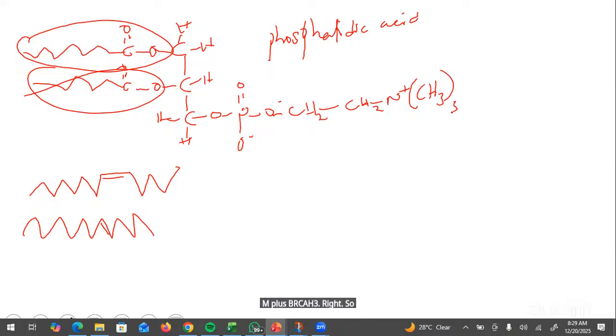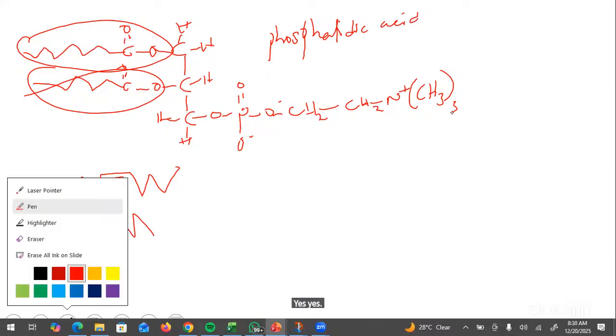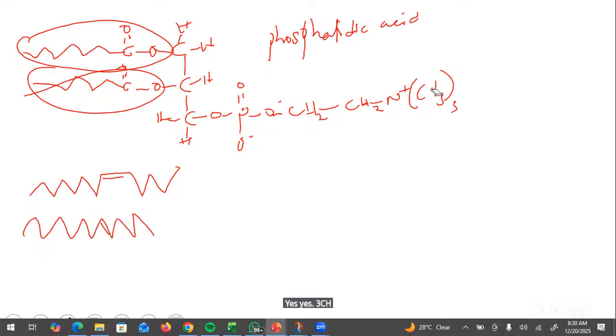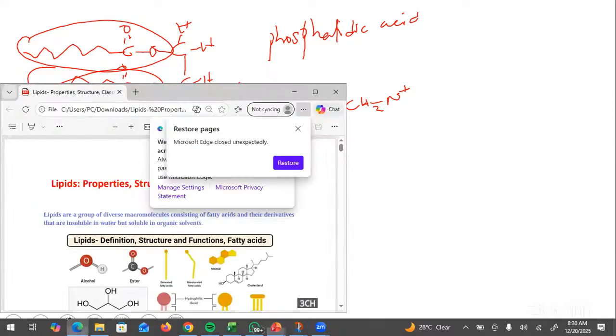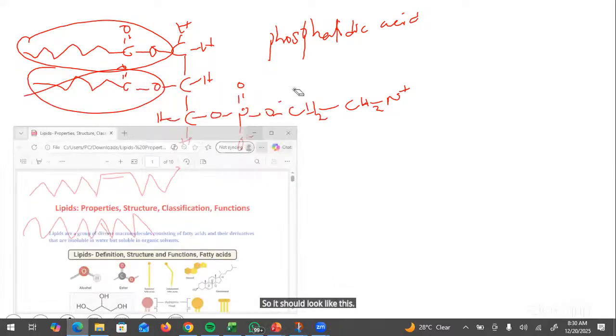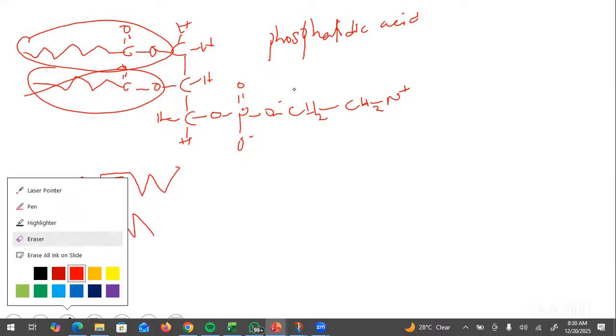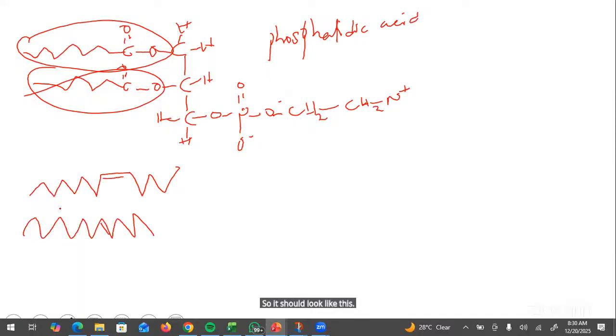So this CH3 means that this nitrogen now has 3 CH3 groups. So it will look like this: 1 CH3, 1 CH3, 1 CH3.